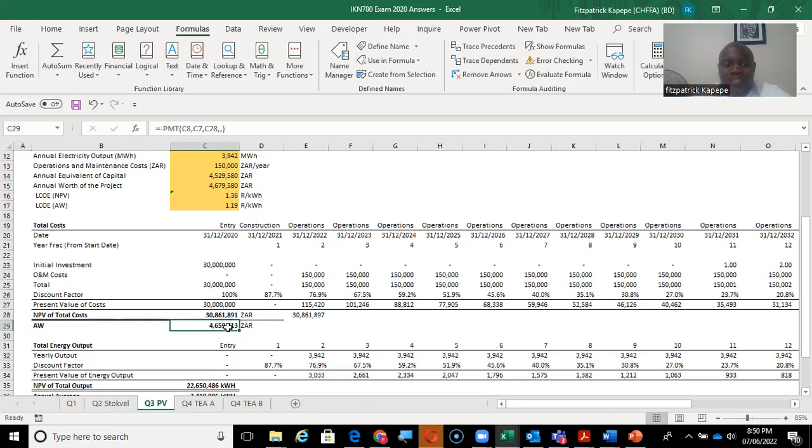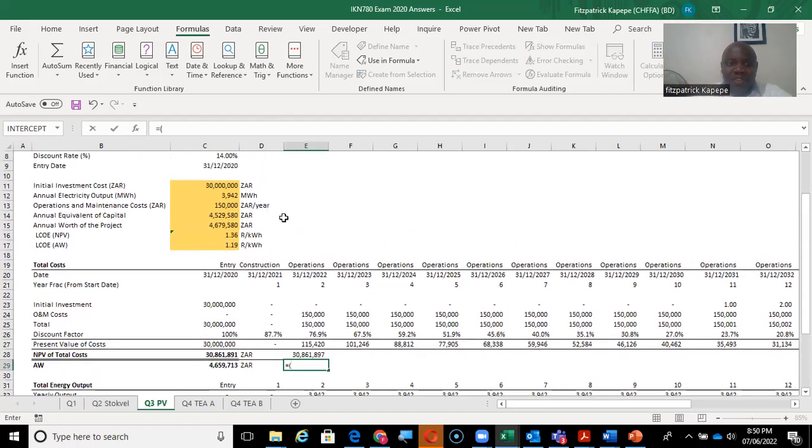Okay. I'm just thinking of this one. If you don't want to use the PMT, how would it be done? Because it's a constant number. So if I do this, let me just see, I hope it works out. I'll say 30 million, because it's all the concept, 30 million divided by 20 plus 30 million times 1.2 times 14% cost of capital.